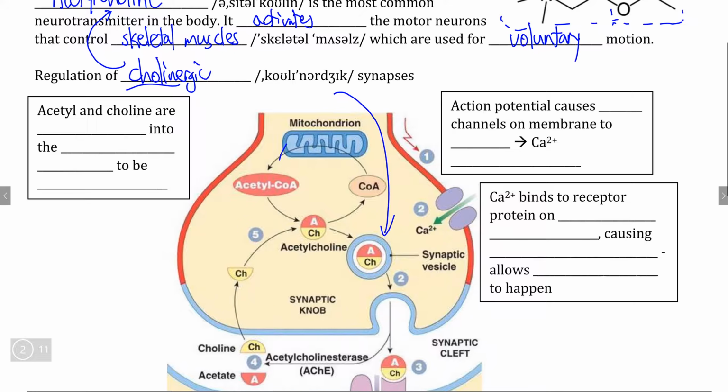Now, the regulation within the axon terminus requires a little bit more specificity, specifically regulating the exocytosis of the synaptic vesicle that occurs when action potential makes it down to the axon terminus. So how exactly does action potential regulate this process of exocytosis?